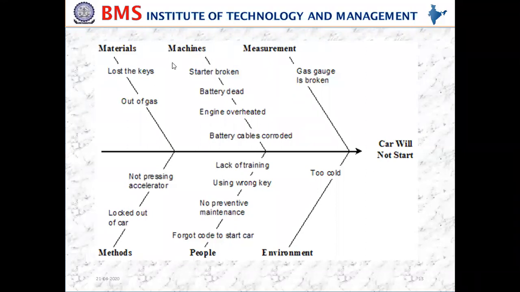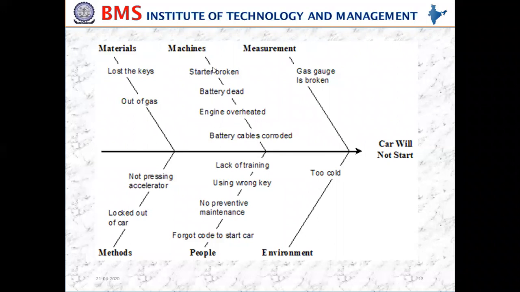And then machines. When you look at the machines, the starter may be broken. Say, for example, the car itself is taken as a machine, and the starter in the particular car may be broken, or the battery, which initiates the starting, is dead, or your engine may be overheated, or the battery cables corroded.